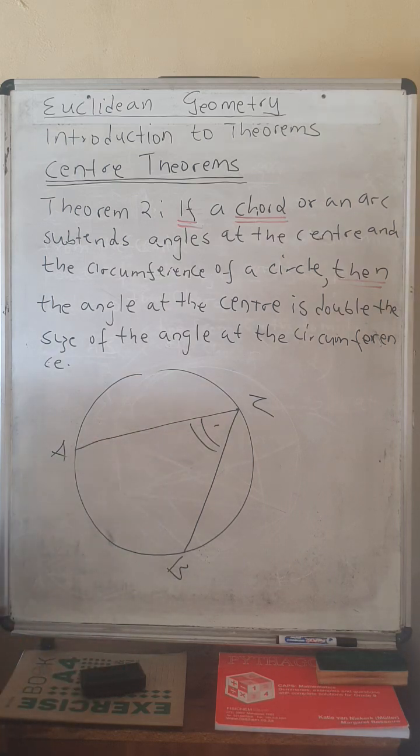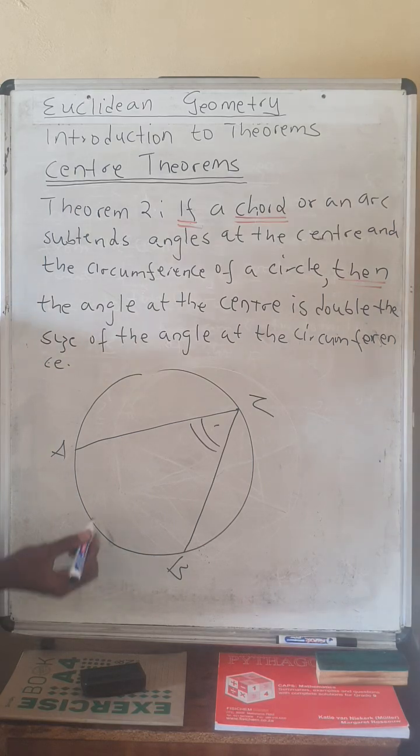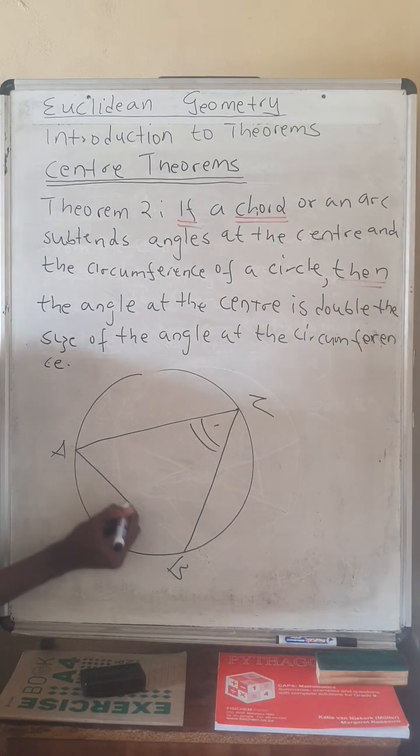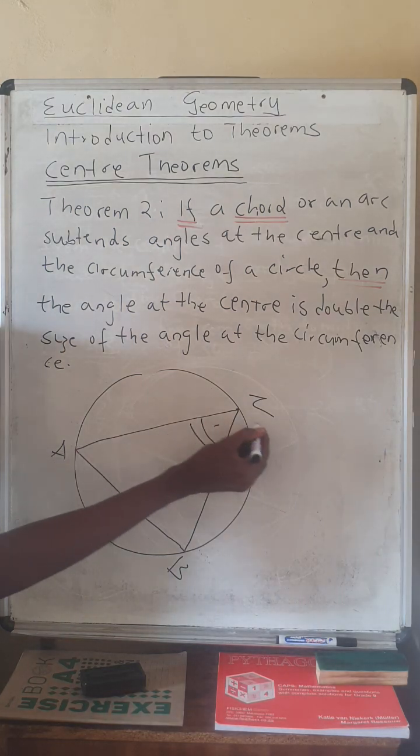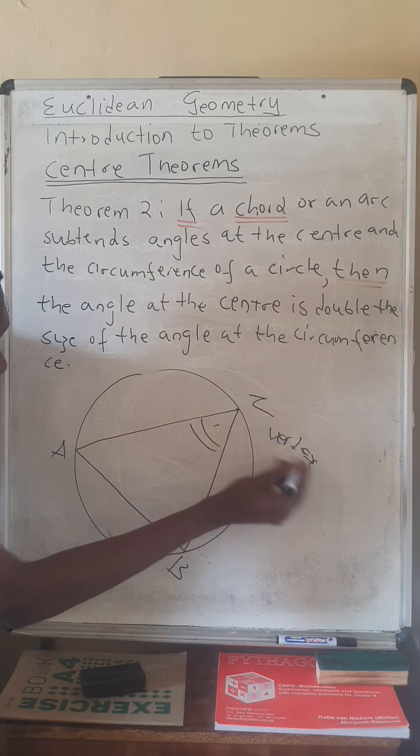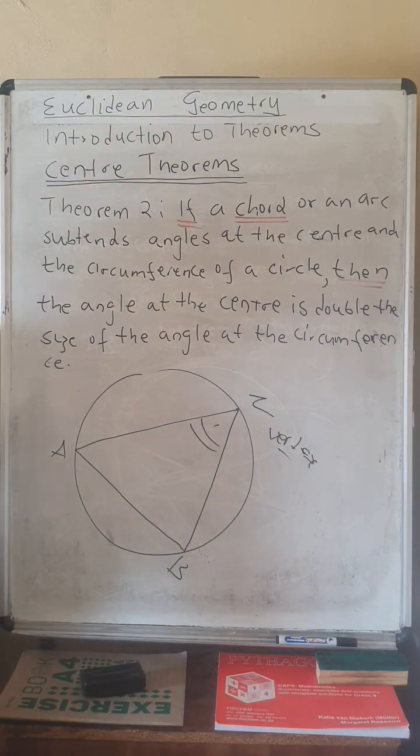So if you look at this angle, you can see this angle is being subtended by an arc, unless I introduce a chord joining these two points. Therefore, I will say the angle is being subtended by a chord. So what I'm trying to say to you is there is no way that you can find an angle at the center that is not being subtended. Once the angle is at the center, it will always be subtended, but either by a chord or an arc.